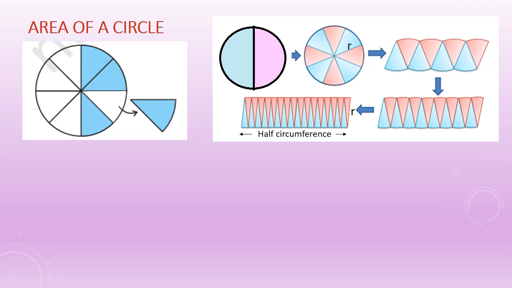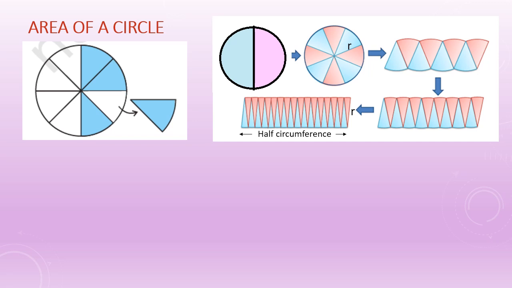So we see that this exactly looks like a rectangle. So children, if we cut the circle into more parts and arrange them this way, then the figure will look like a rectangle. And you are able to find the area of a rectangle.